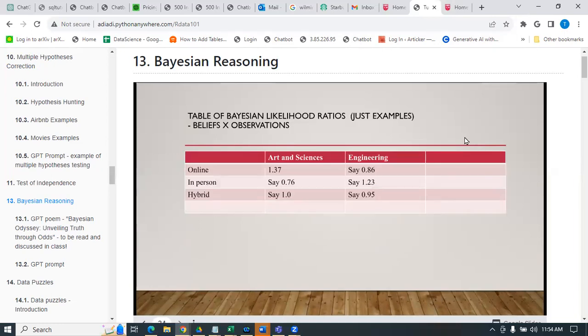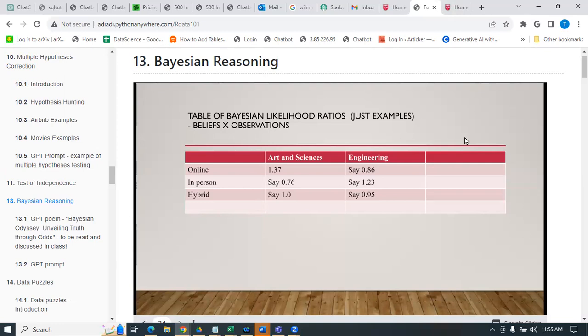So now we get a different version. We can call it Bayesian likelihood ratios, when we have belief as a row name and the observation as a column. We can see that being in arts and sciences makes online 77% more likely. So that increases the odds of believing in online education.